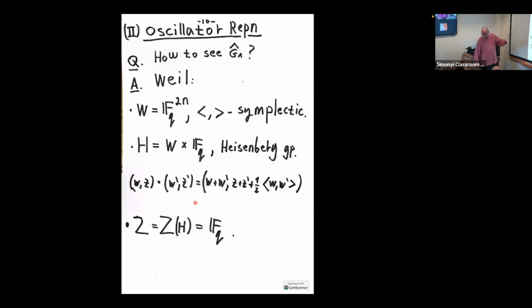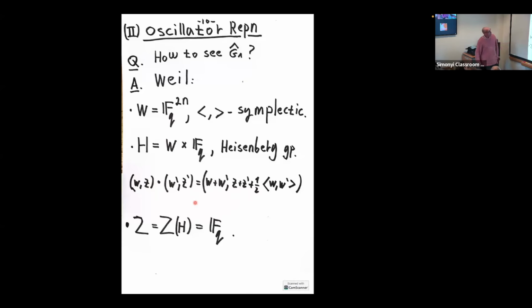Up to isometry, there is only one such thing. You can take, for example, a matrix with 1 and minus 1 on the anti-diagonal, half ones, half minus ones. This is the symplectic form. And then you build a group, the Heisenberg group. I think this group was somehow discovered by Heisenberg, and Hermann Weyl gave a formulation for this group.